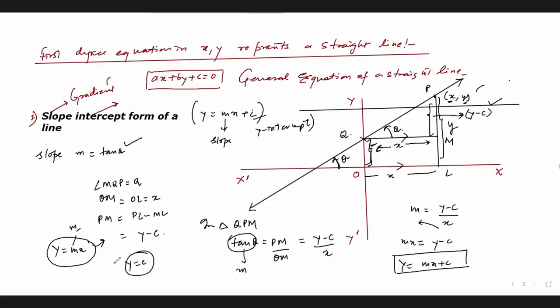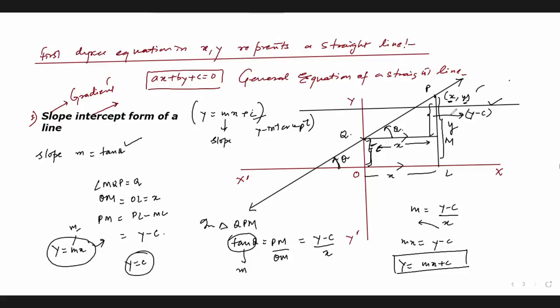So in slope-intercept form, we are having two things. When a line is passing through the origin, it becomes y equals mx, and if a line is parallel to the x-axis, it will become y equals c, because a line parallel to the x-axis makes a 0-degree angle, and tan of 0-degree is 0.